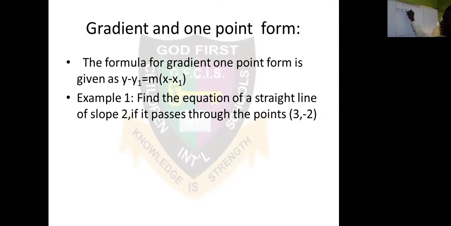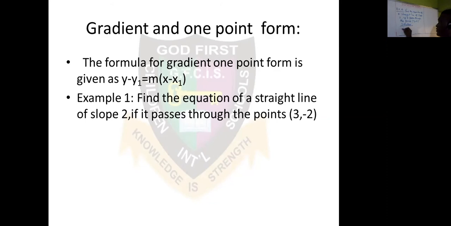Let's find the equation of a straight line of slope 2 if it passes through the point (3, -2).